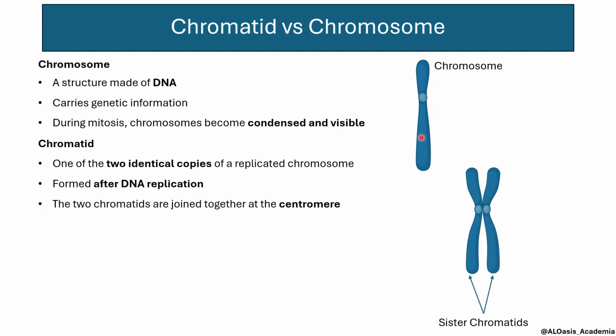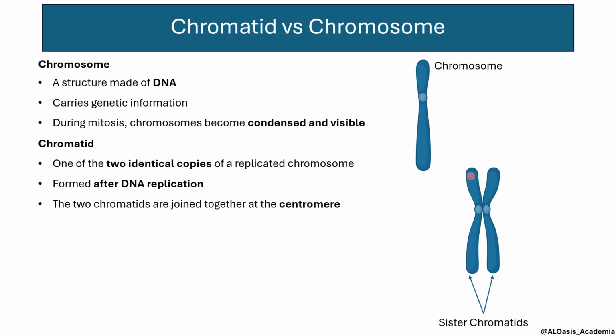So what is chromatid referring to? Chromatid refers to a different thing. As we said, during interphase the DNA will be replicated. So if we have this chromosome here, which is made up of one thread of DNA, and when we say a thread, it's just a double helix of DNA, compacted into one chromosome.